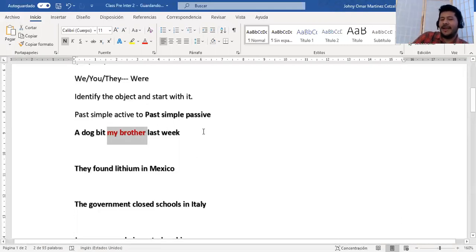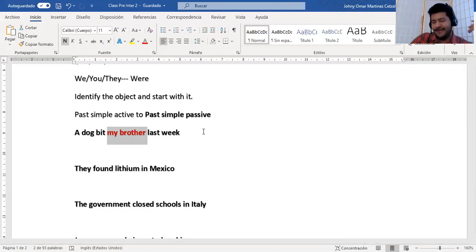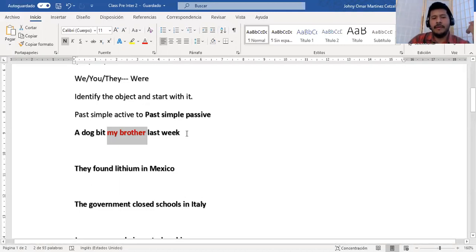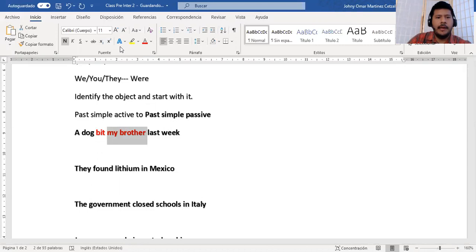Remember the example that I gave you in class about passive? Well, this is an example of it. So my brother received that. Now you have to identify the verb, which in this case is bit. It comes from bite, bit, bitten. Okay, so you have identified the object, and we also have the verb.